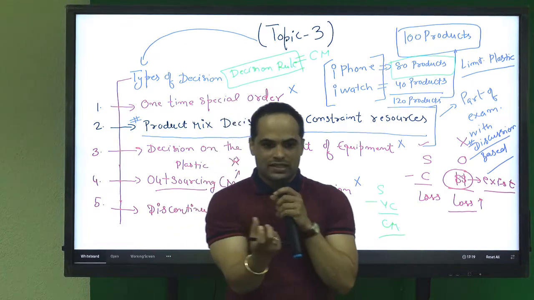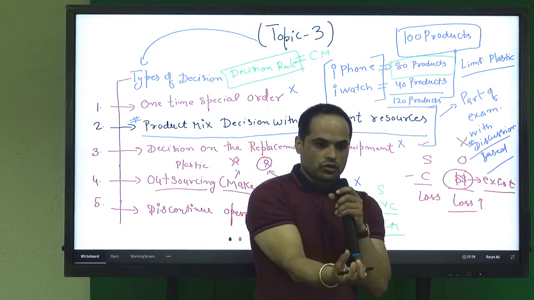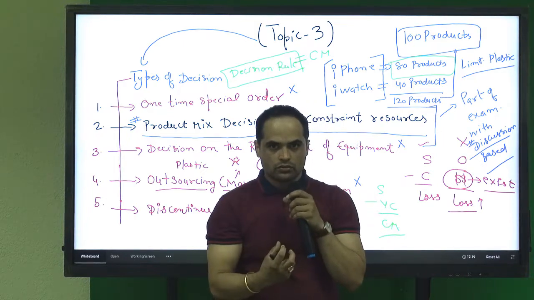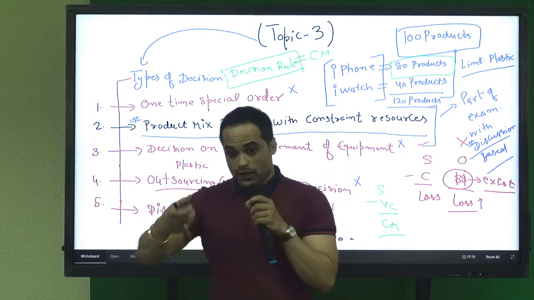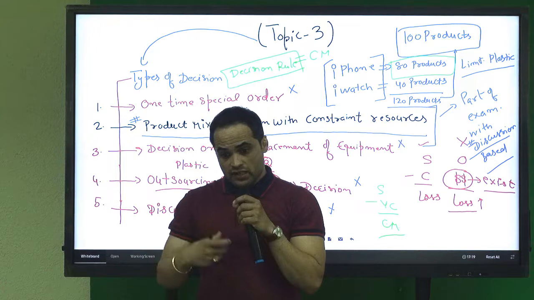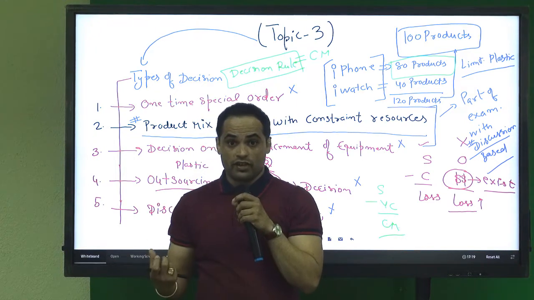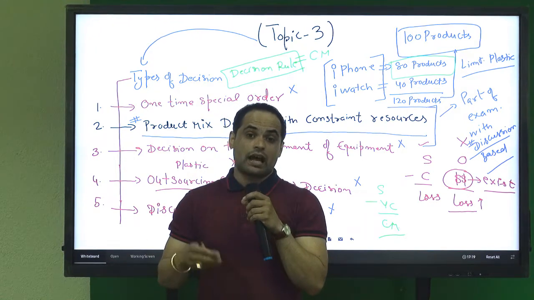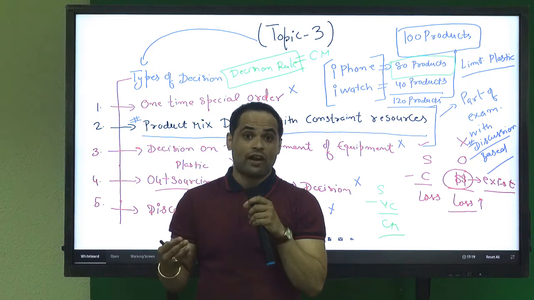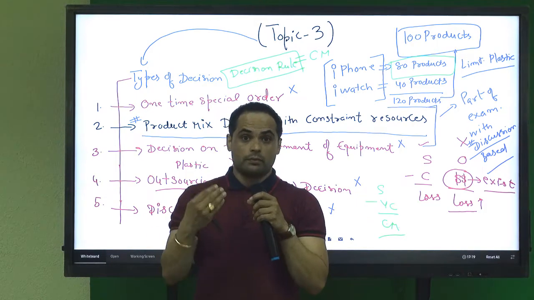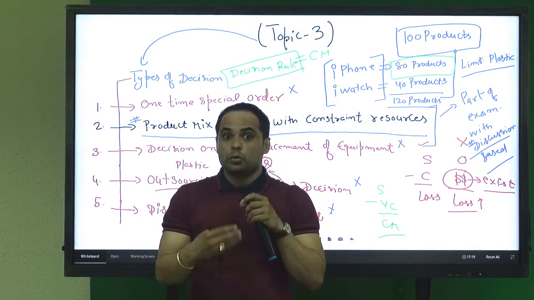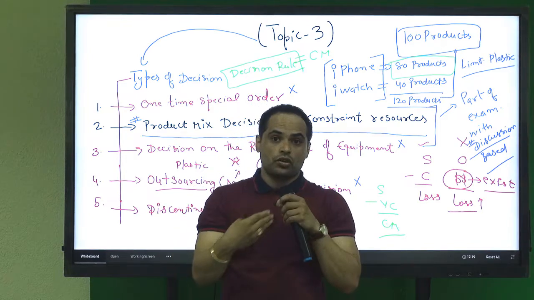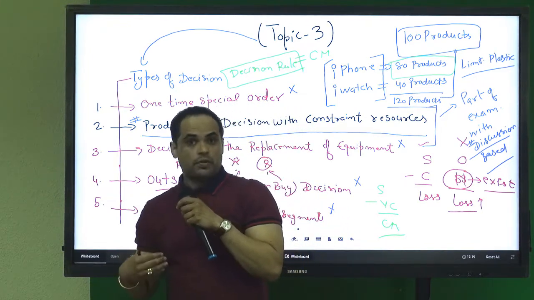So we will see the limited quantity per unit and contribution margin for one product, and the same for another product, and see which is more profitable. Whatever product has the highest contribution margin per limited resource, we will choose that product to produce.